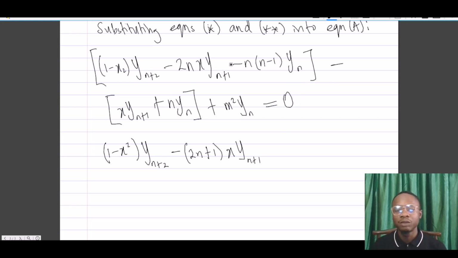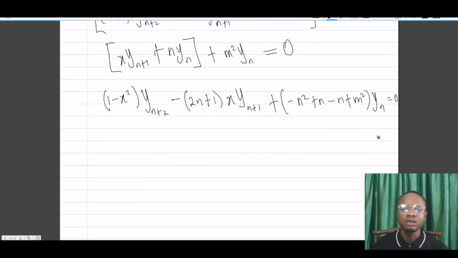So let's put them all together. If we expand this, when we expand it, this will be minus n squared, minus times minus 1 will be plus n. Then this is another n here, but it has minus outside, so this is minus n. Then this is plus m squared. Then y_n. Then everything should be equal to 0.